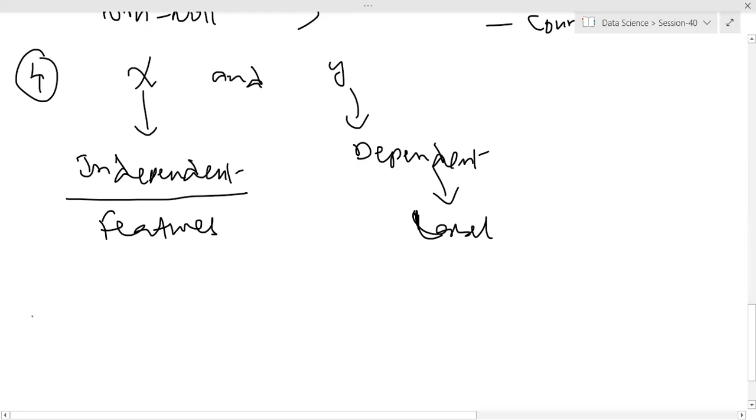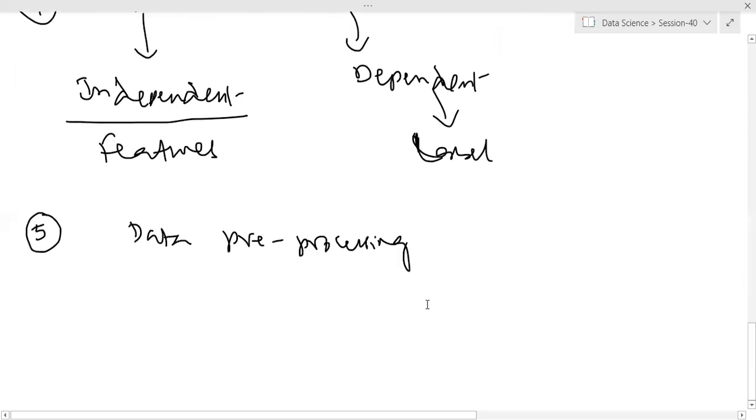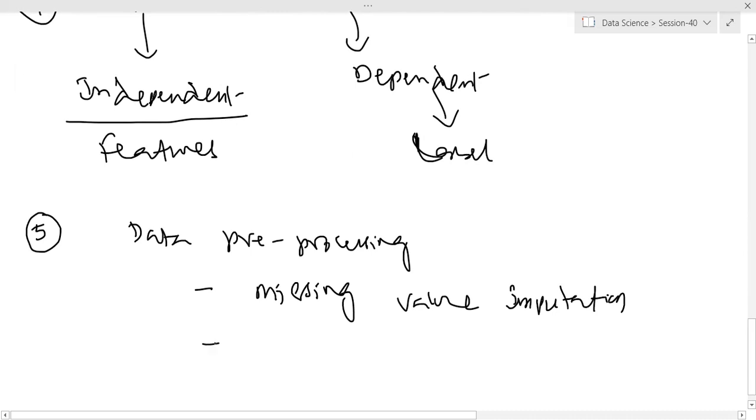Once this is over, friends, what is the next step? Some kind of pre-processing. If you want to apply missing value imputation, and some kind of encoding.